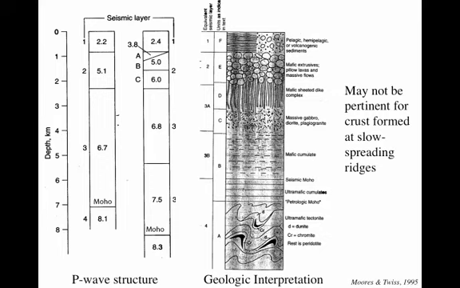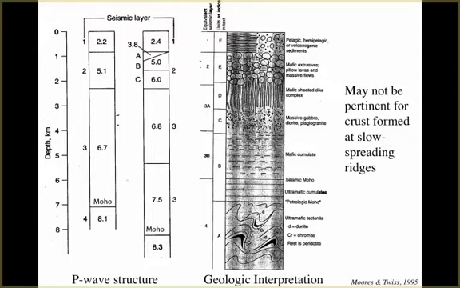If we look at the P-wave structure across these ridges, we can see that it corresponds to the geology that we expect to see in the oceanic crust. These slow speeds correspond to sediments, whether they're pelagic or volcanic sediments. Faster speeds correspond to the pillow lavas at the ocean floor.